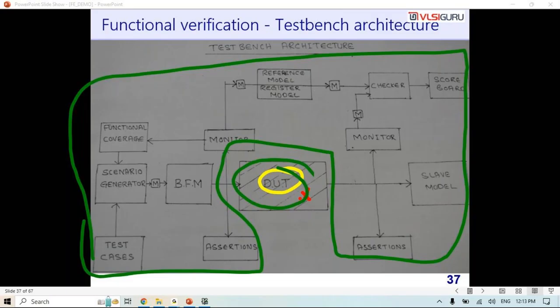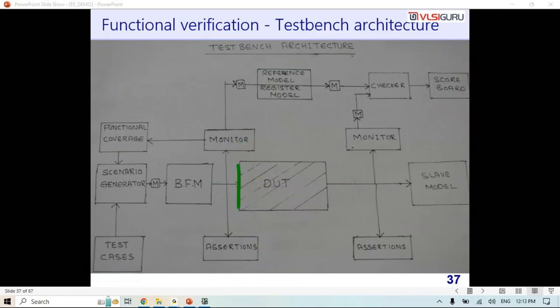What does DUT stand for? Design under test. Who gave me the DUT? The design engineer. Now my role is to check, is everything good inside this? Are there any faults? Any coding mistakes?